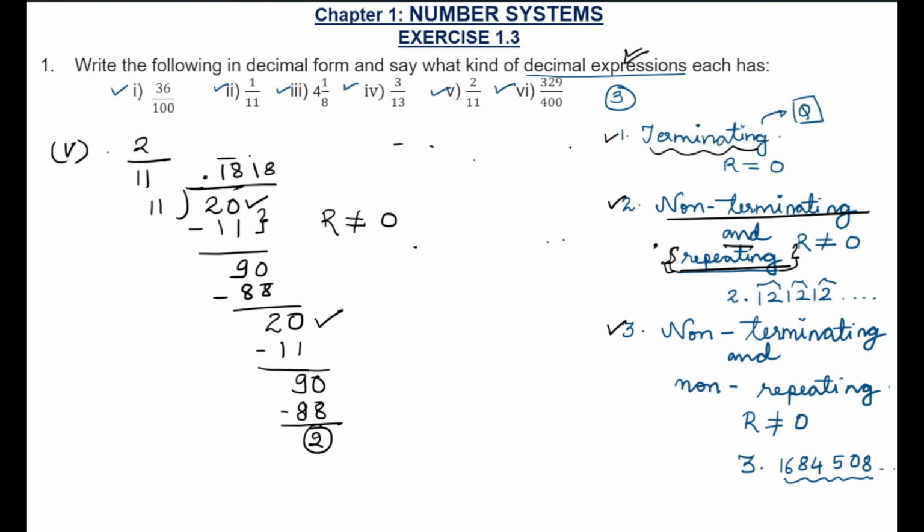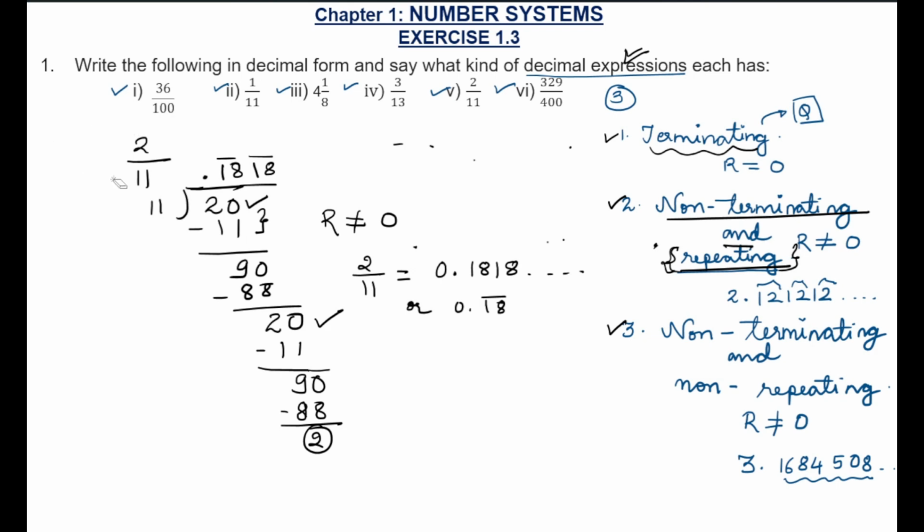And if you observe here, we are going to have a pattern, right? When 2 is divided by 11, our answer would be 0.1818 and it will keep on moving in the same manner. So we just write it as 0.18 with a bar. This bar indicates that 18 is going to repeat itself for n number of times.